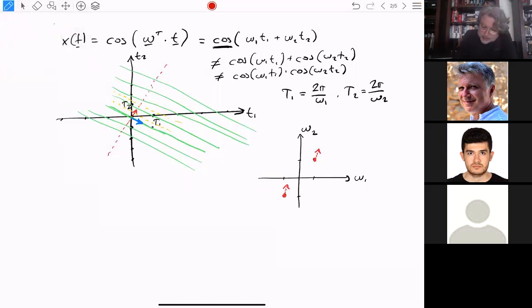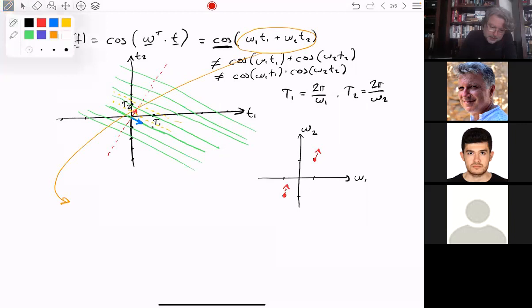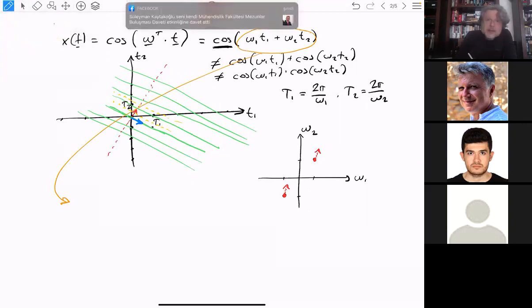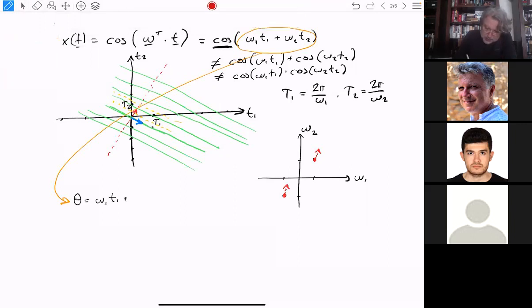Let us take this angle argument here and say that theta, the angle, is omega 1 t1 plus omega 2 t2. Now, on the t1, t2 axis, this is a line. This is the equation of a line.